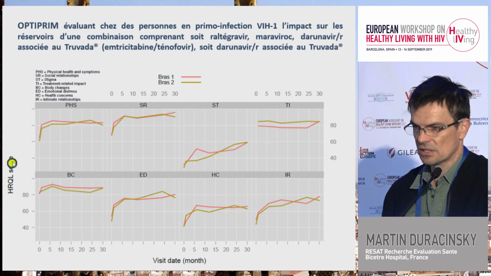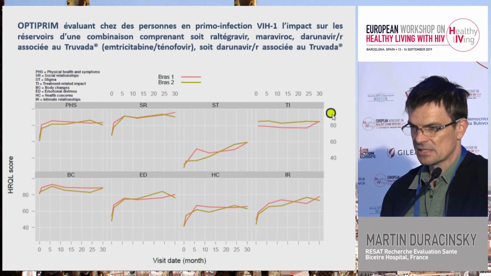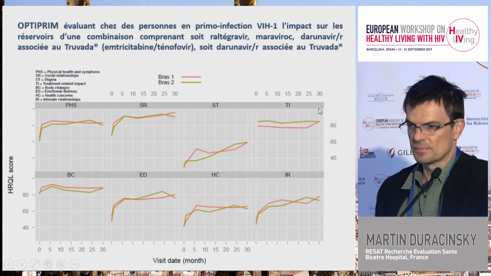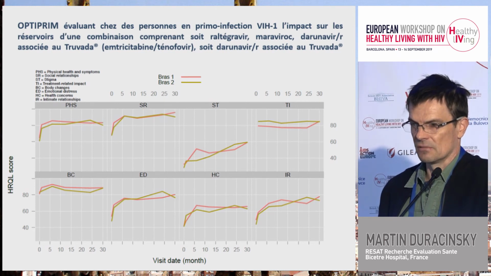And what is also interesting is to look at the treatment impact, and we can see the difference between the two arms, showing really that those patients who have pentatherapy, the impact on their lives was more important.